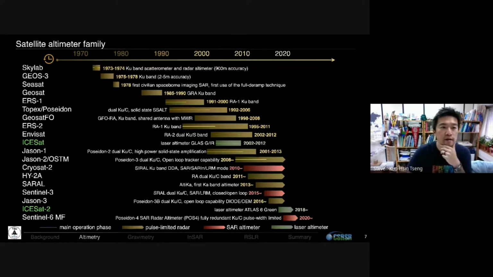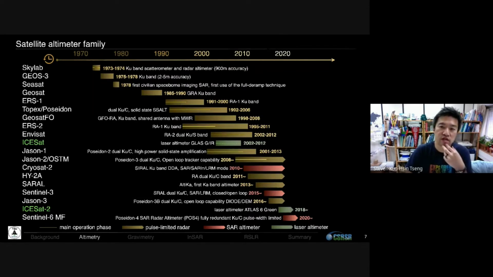So you can see the nominal first altimetry mission is the Skylab, which is in 1973. So it's already 50 years ago. This Skylab mission has a very coarse resolution. So it's basically just a proof of concept.